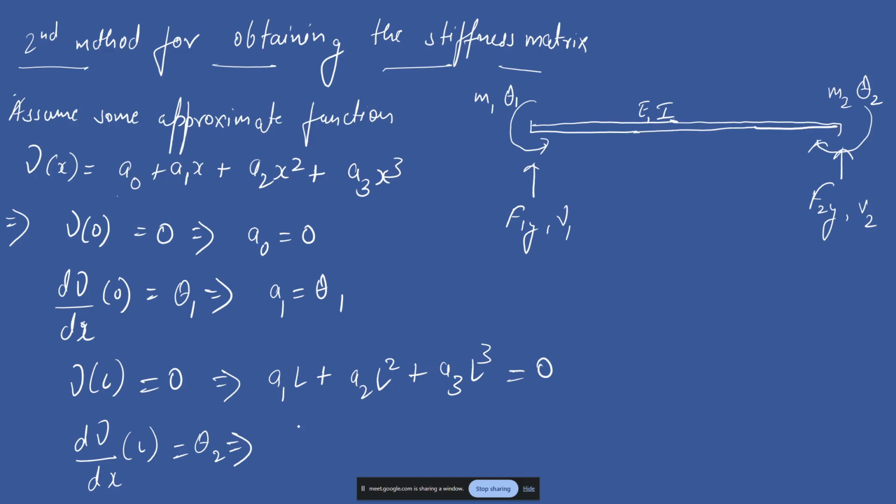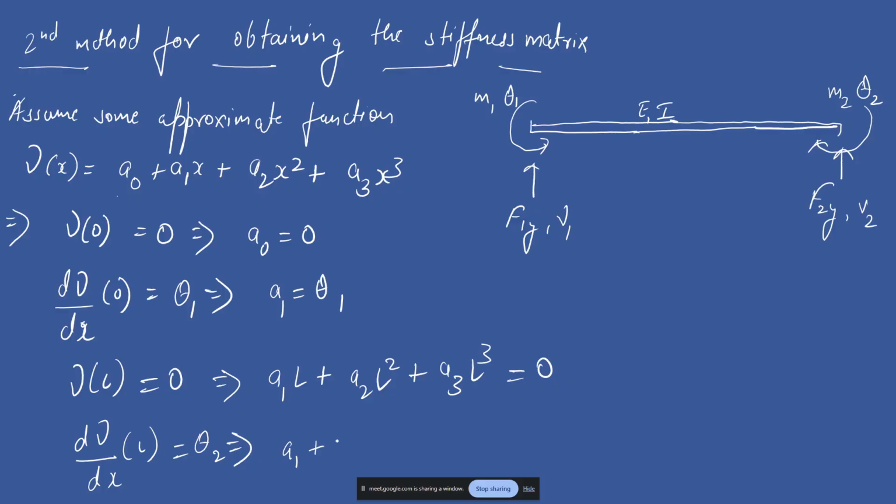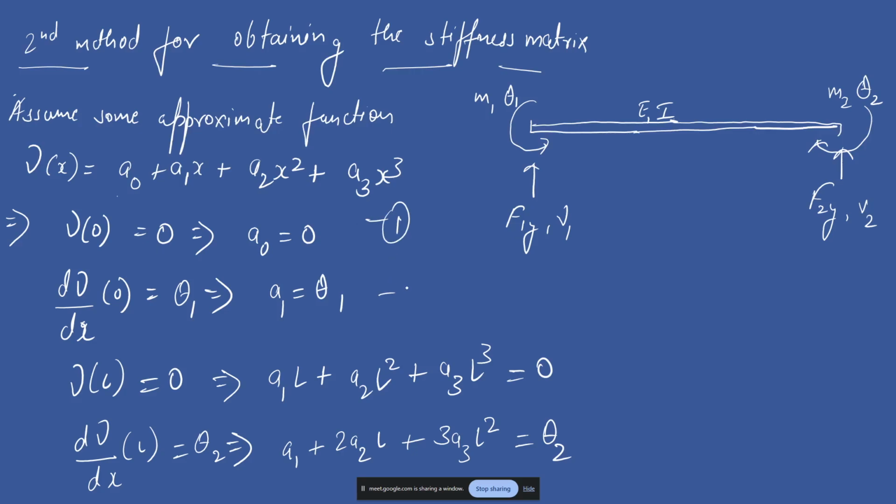So that will give you a1 plus 2 a2 L plus 3 a3 L square as theta 2. Okay, so this is your first equation, this is your second equation, this is your third equation, this is your fourth equation.